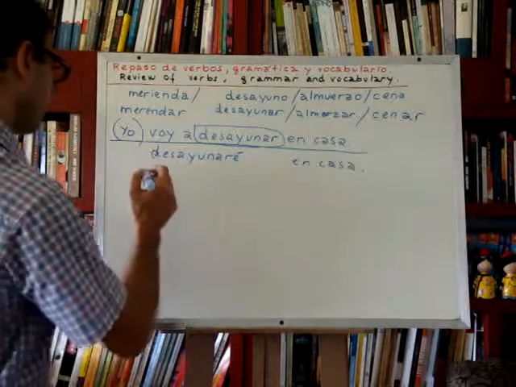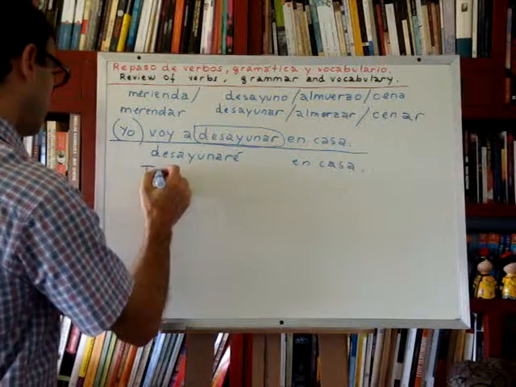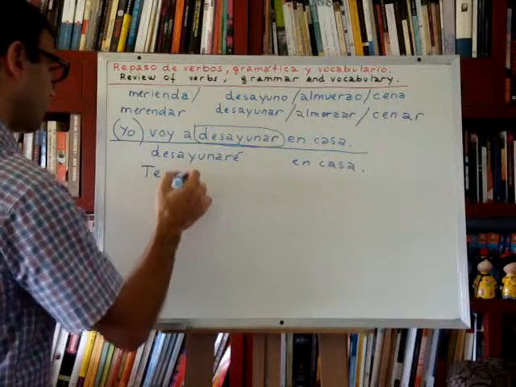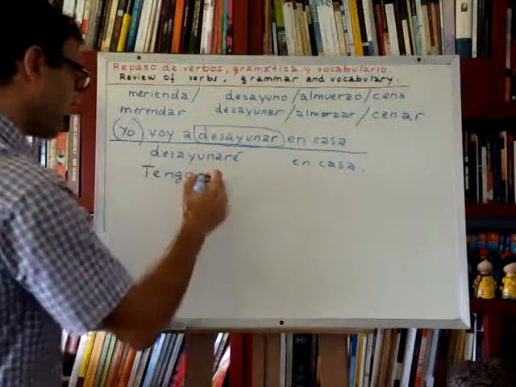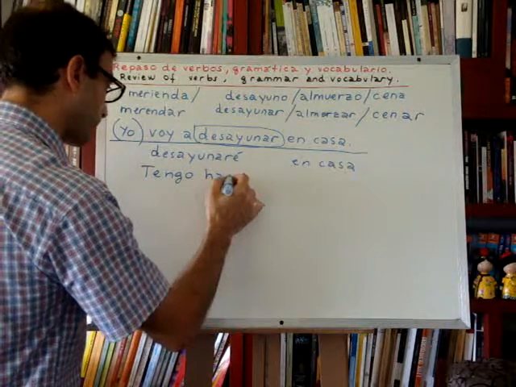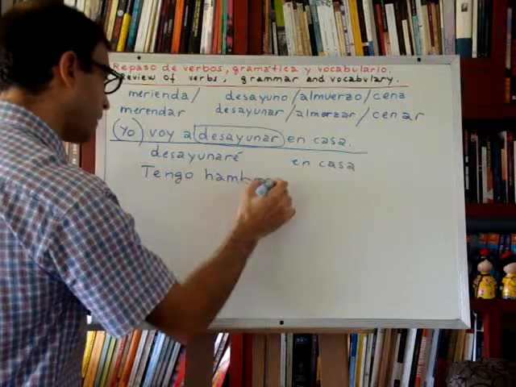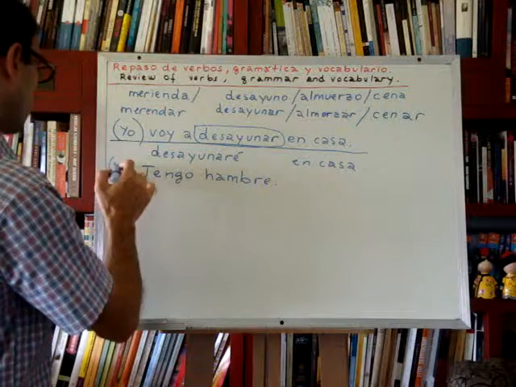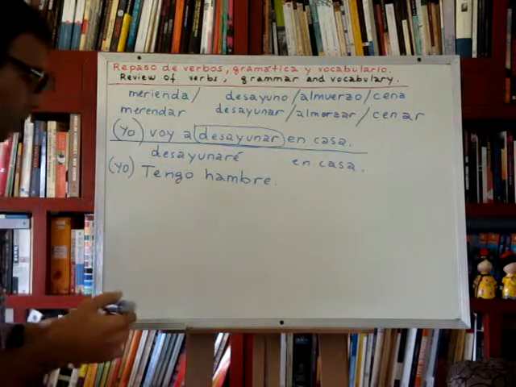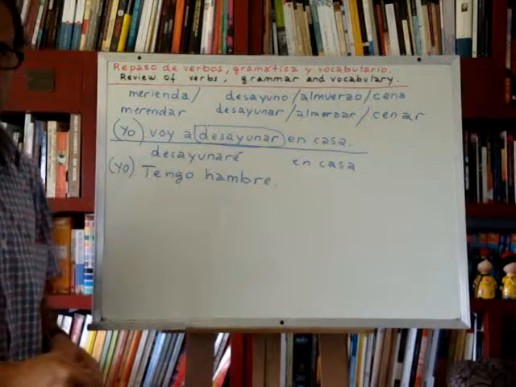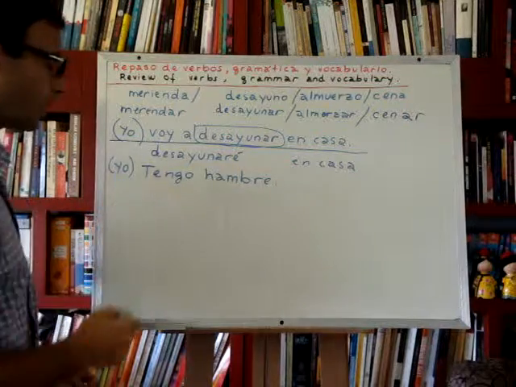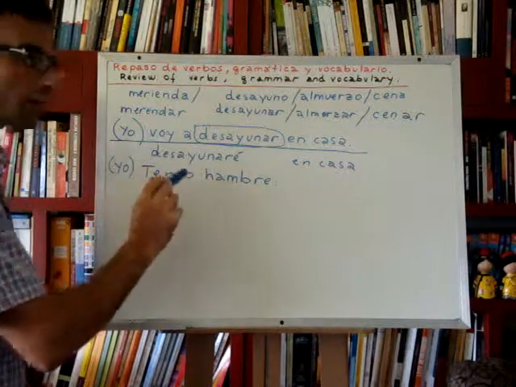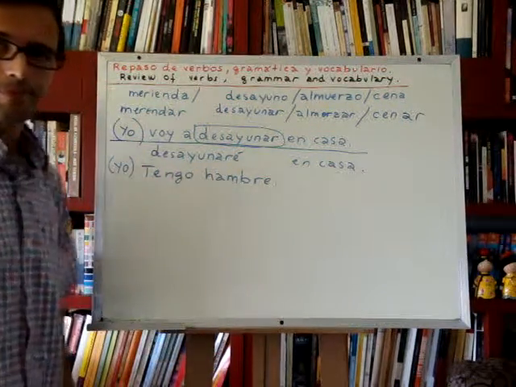We say tengo, because we have the sensation, hambre. Hambre means hunger. So this means I have hunger, right? We can omit or include the subject pronoun I. We usually omit it. We usually just say tengo hambre, okay?